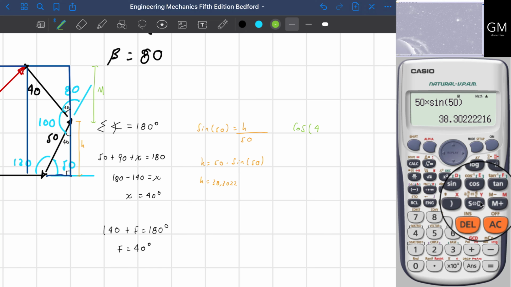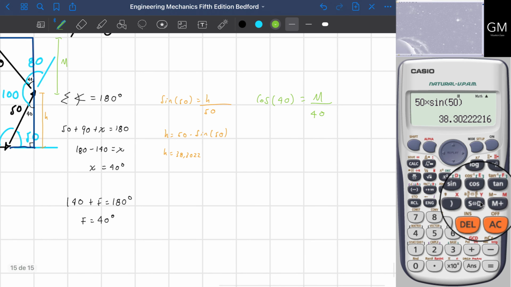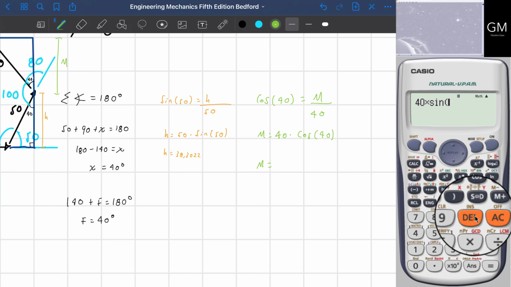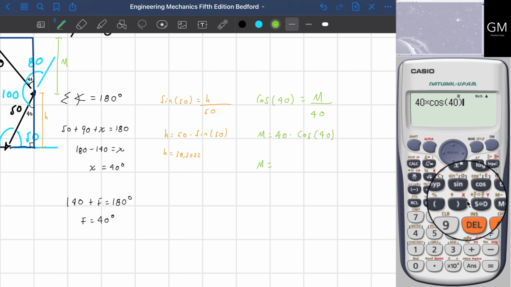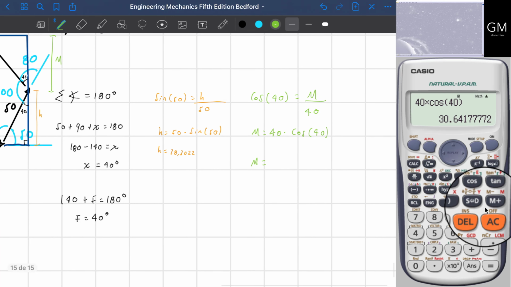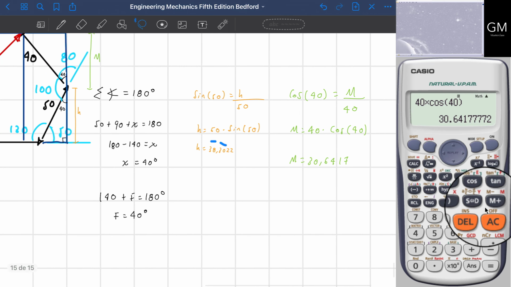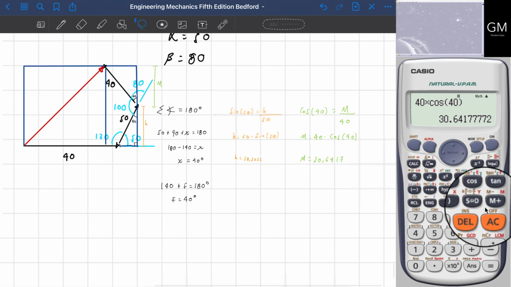Cosine of 40 equals m divided by 40. M is equal to 40 multiplied by cosine of 40. M is equal to 40 multiplied by cosine of 40, which is 30.6417. Okay, I already have this measure.